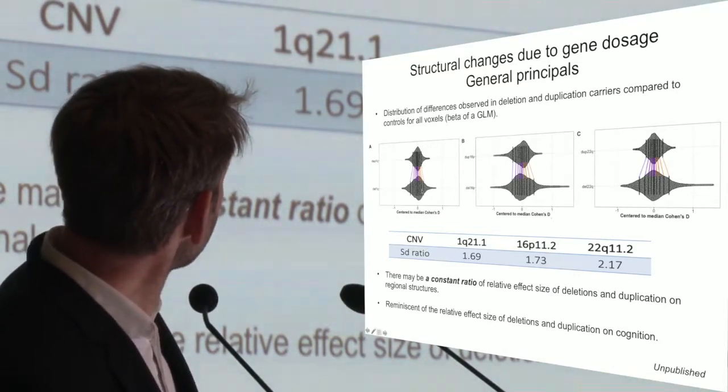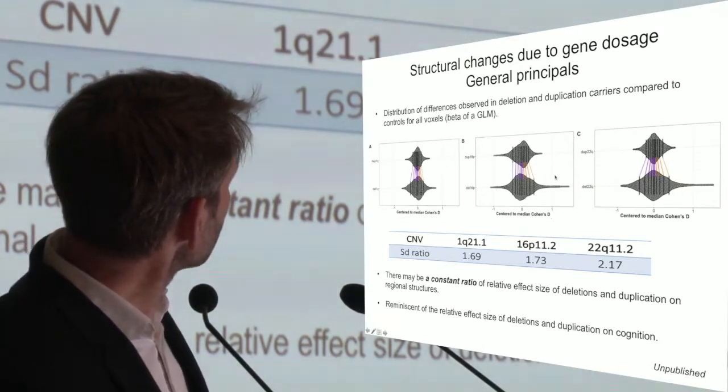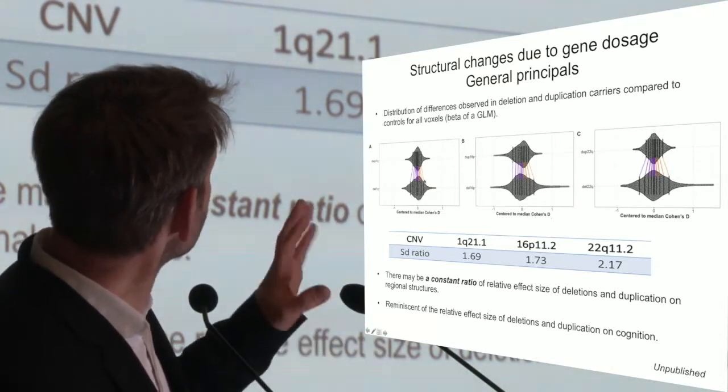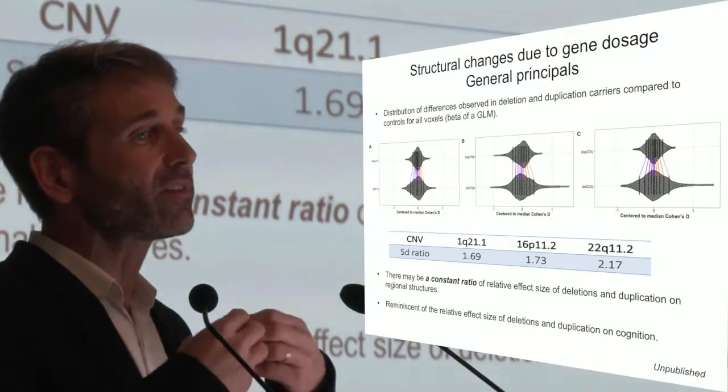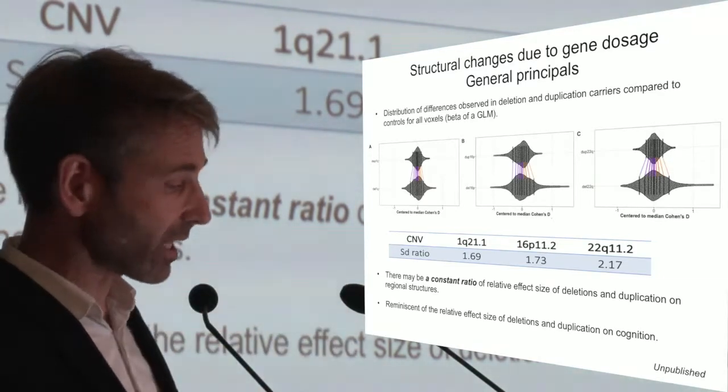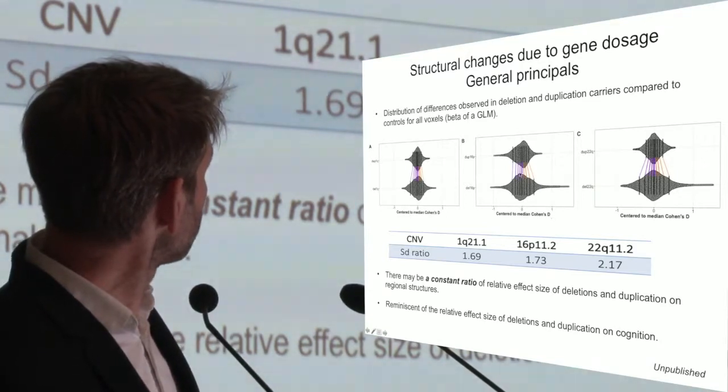And what you can see is that for each of these genomic regions, the deletion has about a 1.7 to 2-fold increase in the alteration of brain structure across the brain for all of these genomic regions.